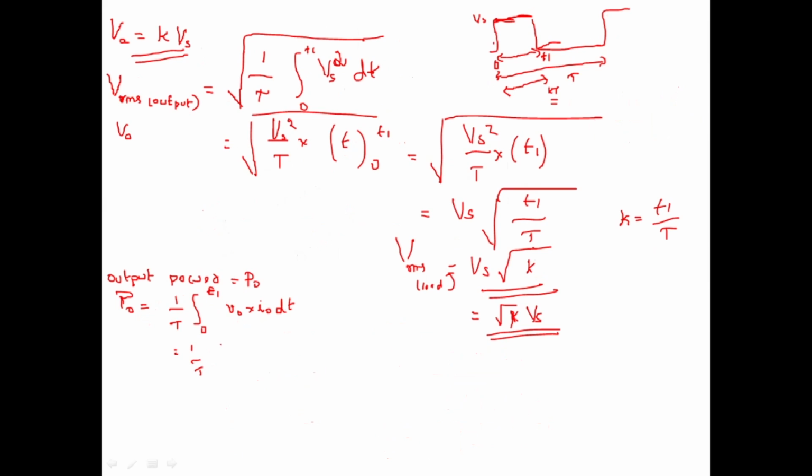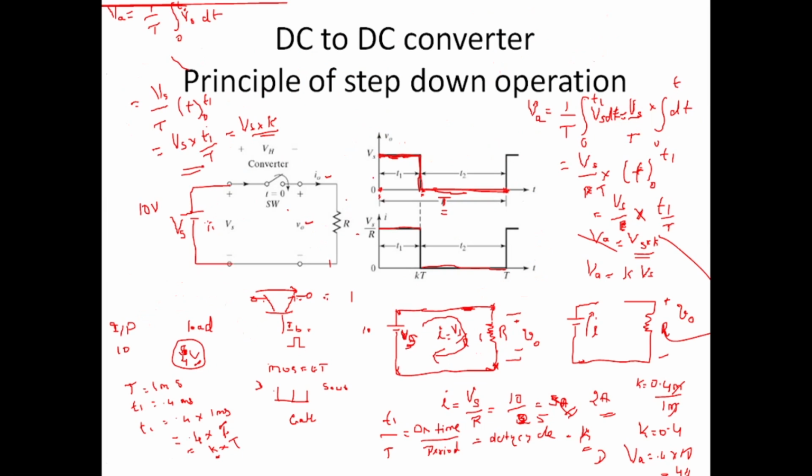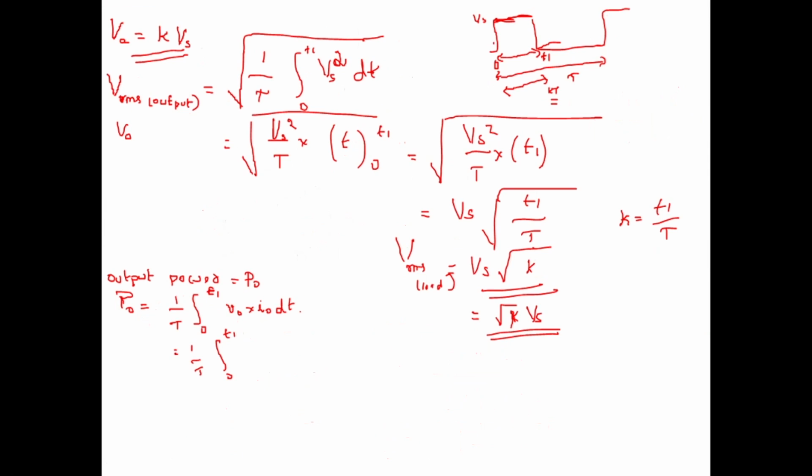So what is V naught? What is the instantaneous value of V naught? We have seen here that V naught is Vs. What is I naught? Vs by R. So Vs into I naught, which is Vs by R, dt.